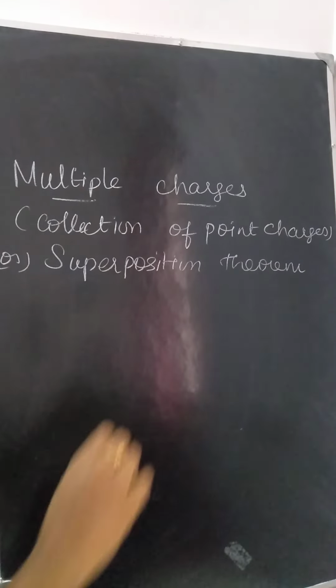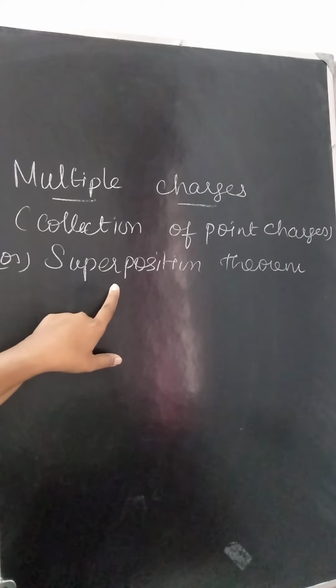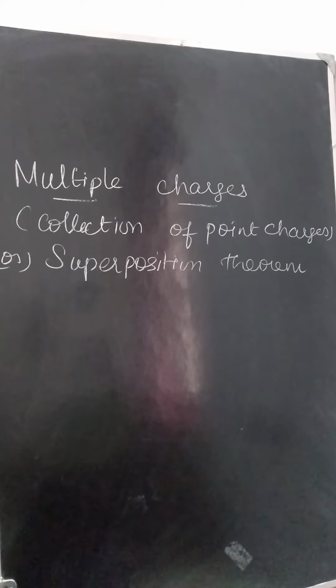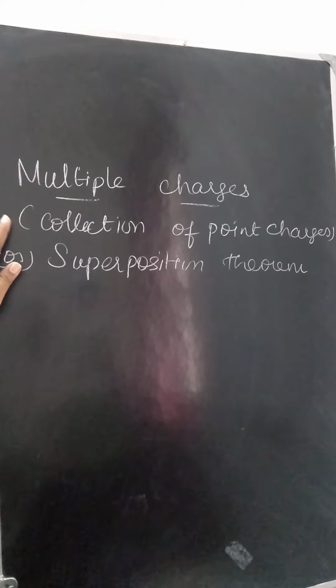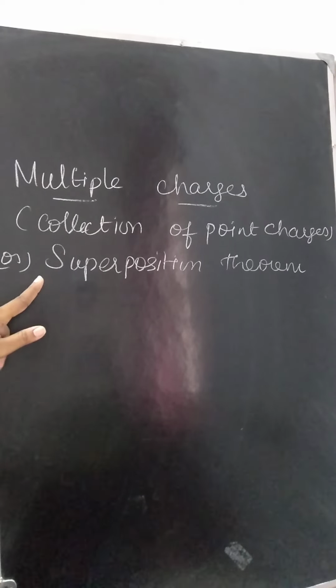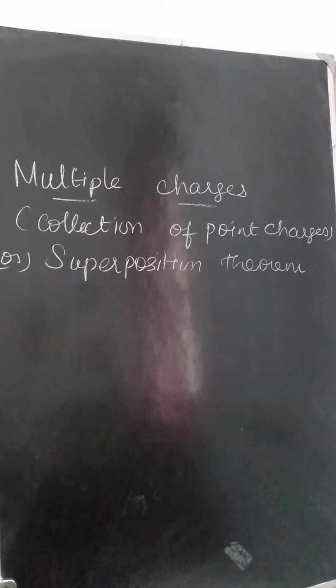They can ask in other names also, but all mean the same. Here it is given as force between the multiple charges. When they ask for a collection of point charges, that also means more than two charges are present, and applying the superposition theorem is the same question. So these two are other names.